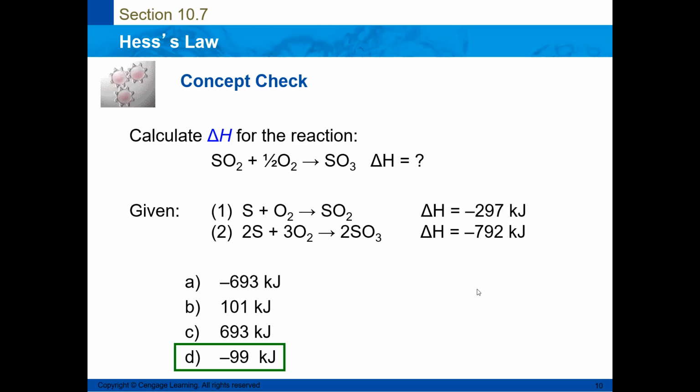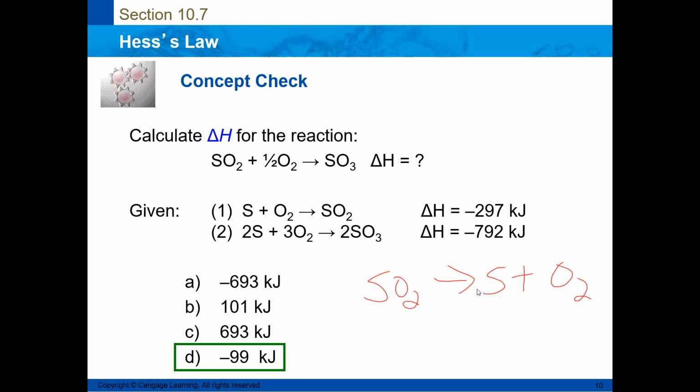Okay, so we're gonna rewrite SO2 yields S plus O2, right? That's the reversing. So now this delta H is positive. Just remember that, reversed, so positive. The O2 is in the right spot, right? So we know that's right.